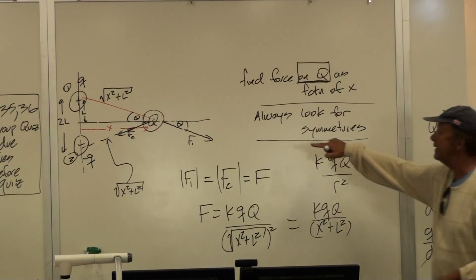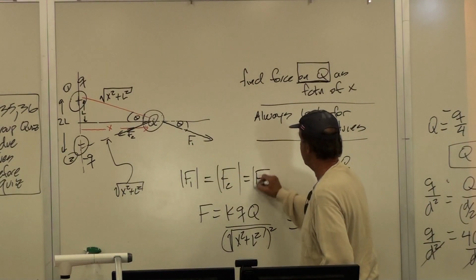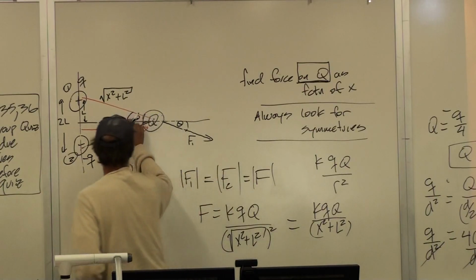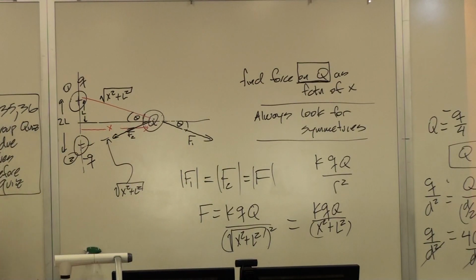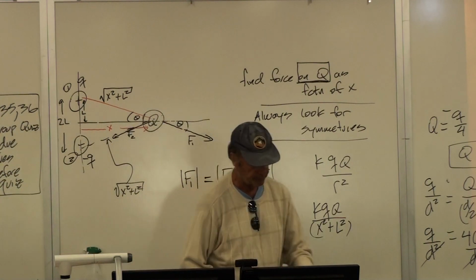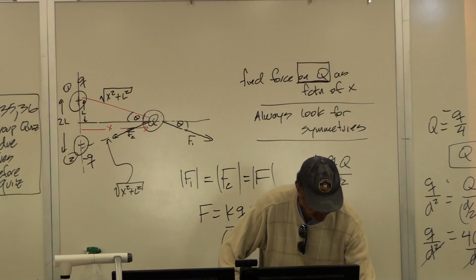So that's the length of F1 and F2. That doesn't tell us that they're pointed in the same direction, because they're not. But it does tell us that the lengths of those vectors are the same, and so that's going to help us with vector decomposition. So let's do that next.